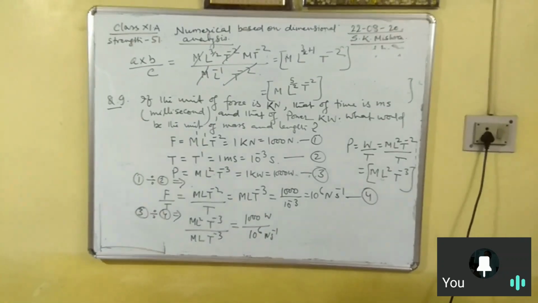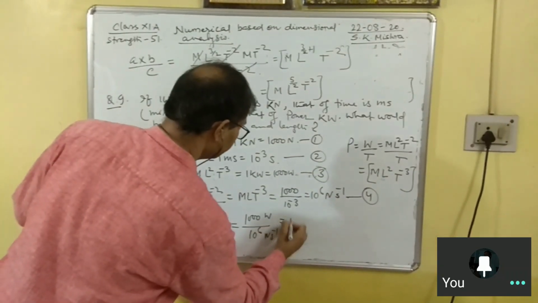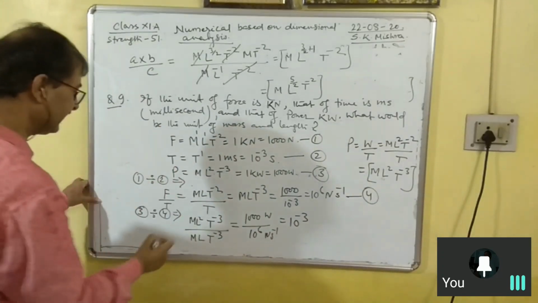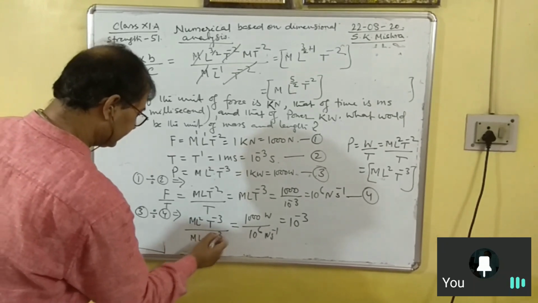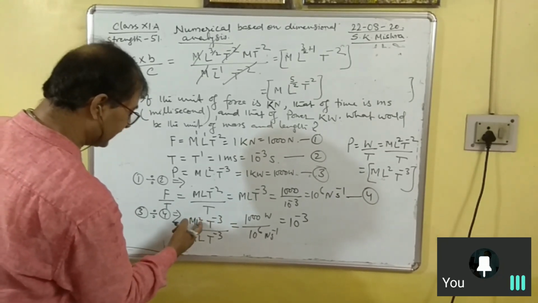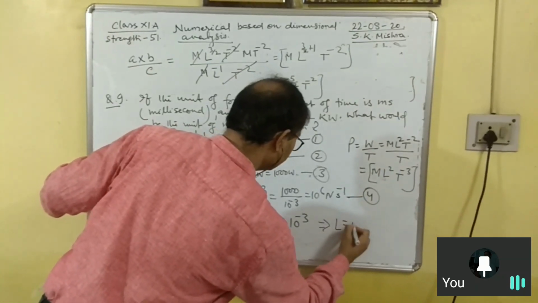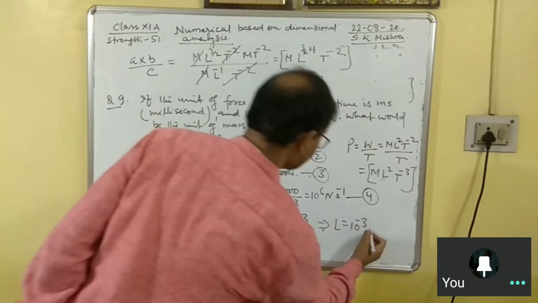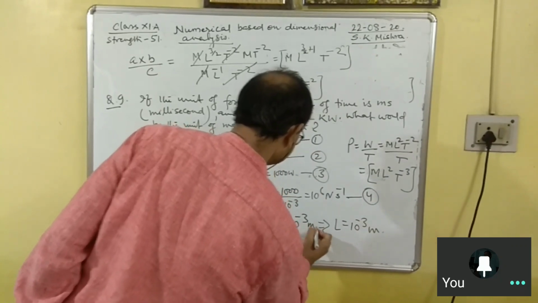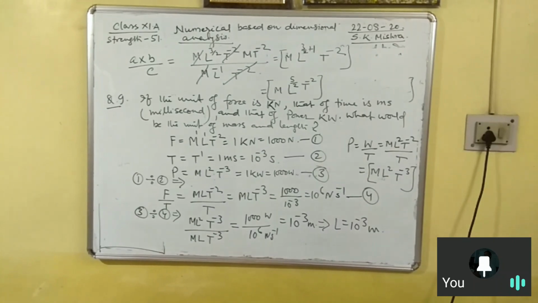Finally you are getting a number equal to 10 raised to minus 3. On this side m will cancel out, t raised to minus 3 will cancel out, so you are getting only L. So L is equal to 10 raised to minus 3 meter.